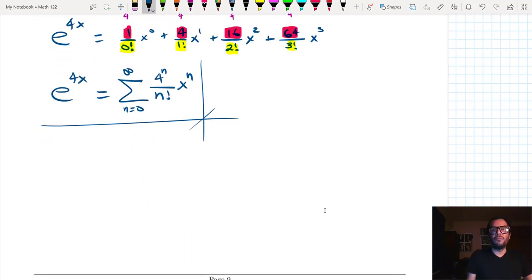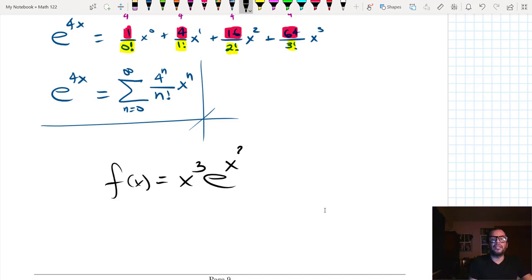For example, what if I ask you to write the series representation for f of x equals x cubed times e to the x squared? Yes, we're going to do that. But do I want you to do it during this long method?